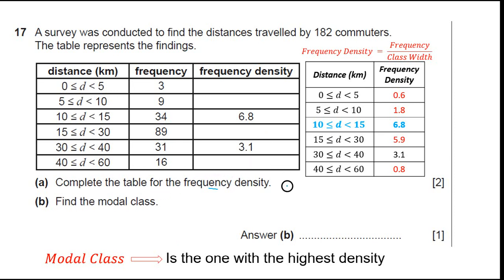I've indicated it in my table. Between 10 and 15, the one with the highest frequency density, because the frequency density there is 6.8. Can you see that? So that's why that note is important. What is a modal class? Once we get to those things, you ask yourself, what is a modal class?